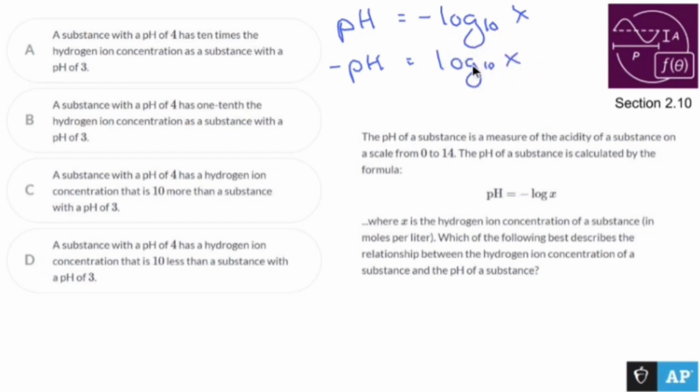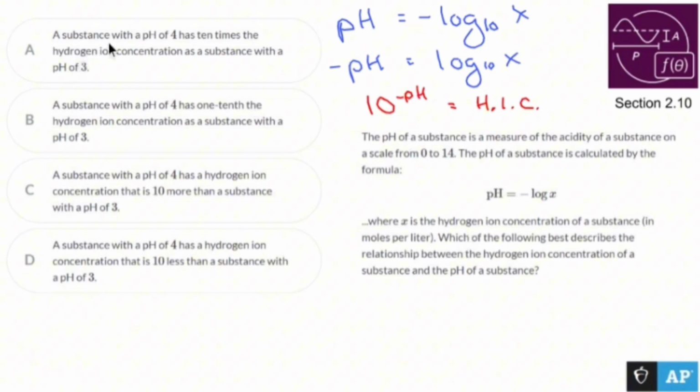I'm going to turn that into its exponential friend. So what that looks like is 10 to the negative pH is going to equal x. And x stood for the hydrogen ion concentration.